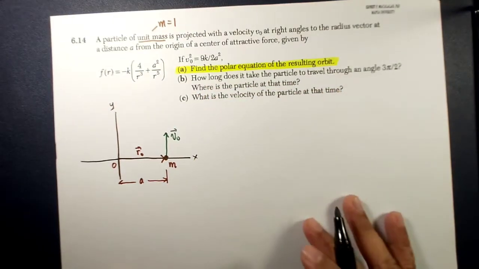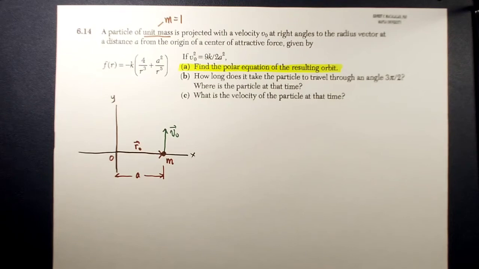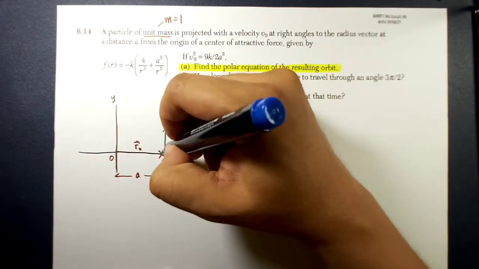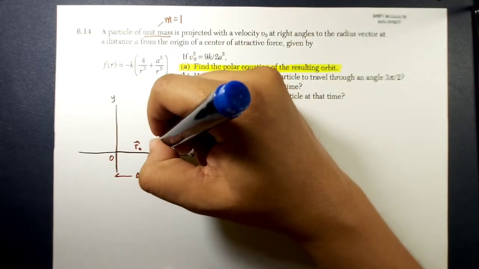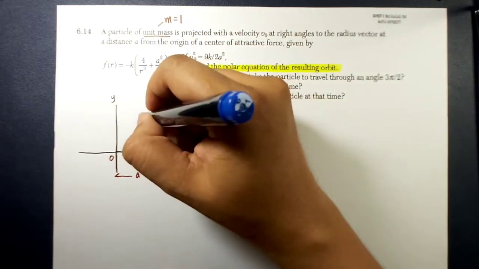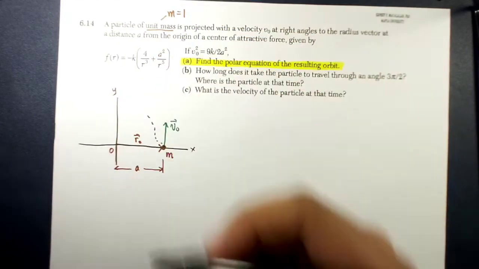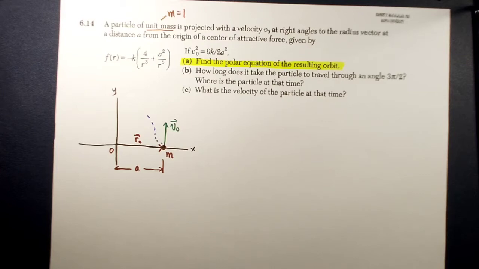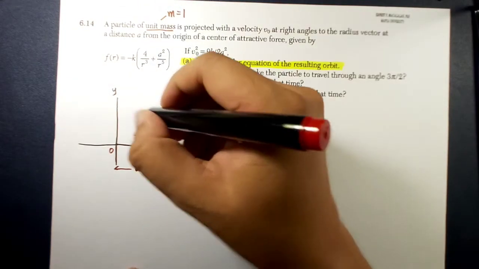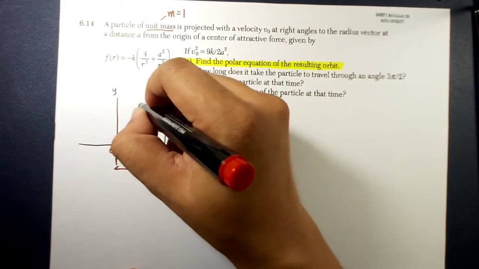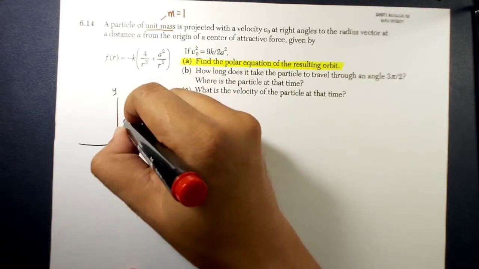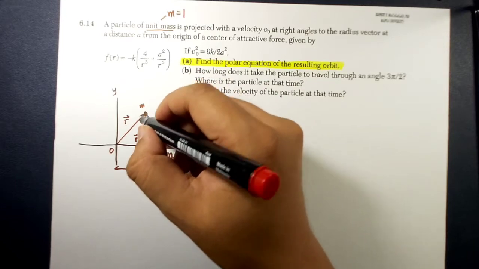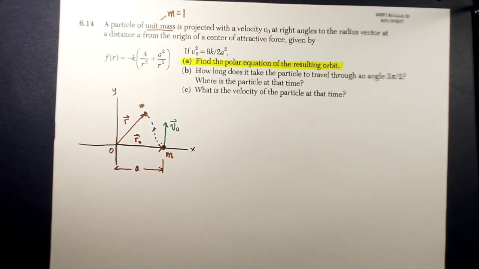It's possible that at a later time t, this particle moves to another position. Let's say we don't know yet the orbit, so arbitrarily at a later time t, it's here, and the particle moves in this direction. This is your mass, so at a later time t, the particle has this position vector.